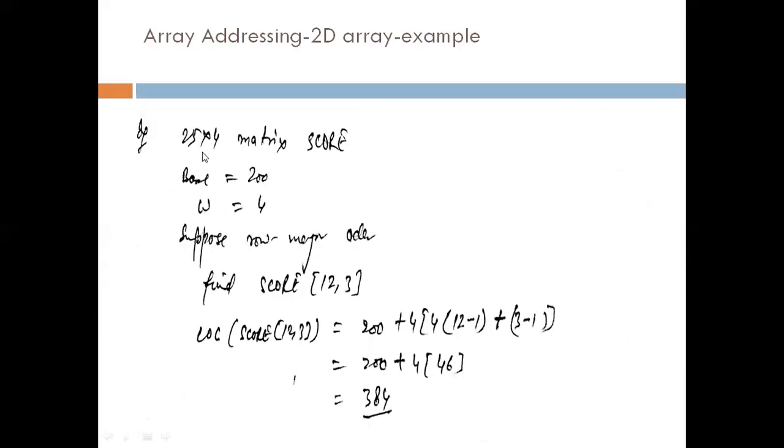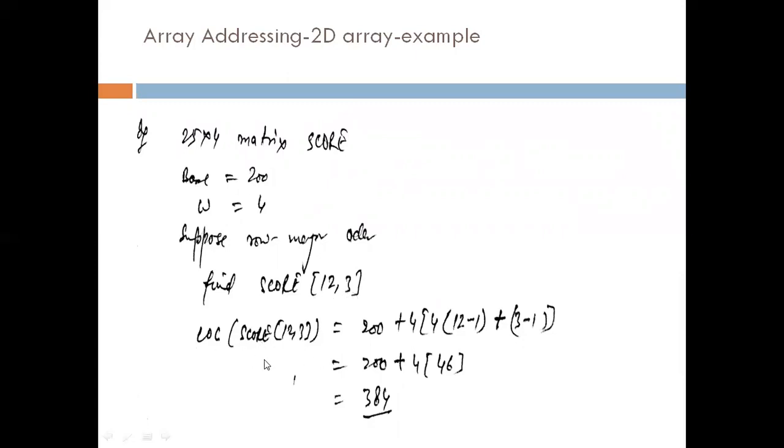Suppose we take an example. The value of m is 25 and the value of n is 4, that is, a 25 multiplied by 4 matrix. The name of the matrix is, suppose, score. Base address is given as 200. The memory space required for one element is 4 bytes. Suppose elements are stored in row major order, then find the address of the element in the 12th row and third column.